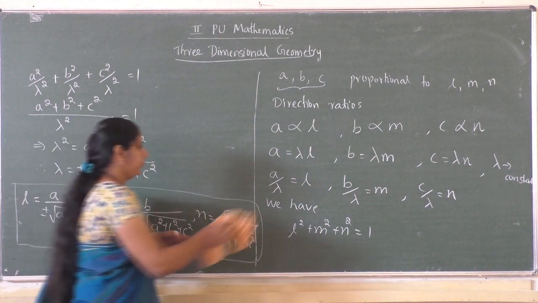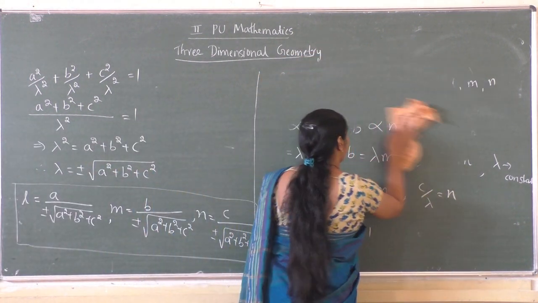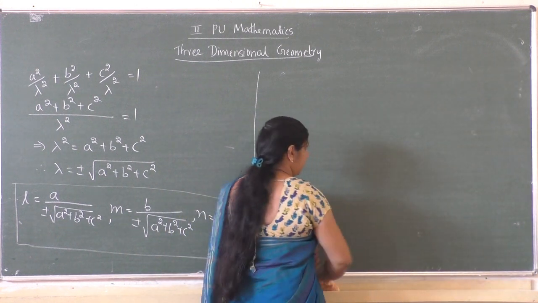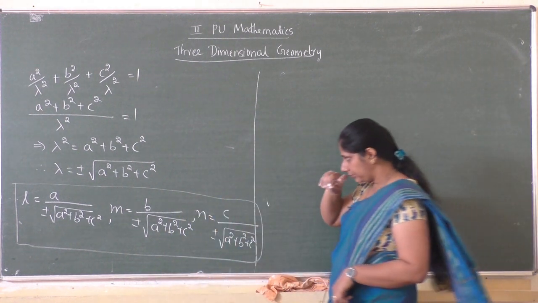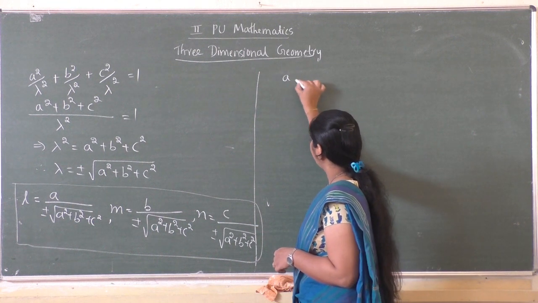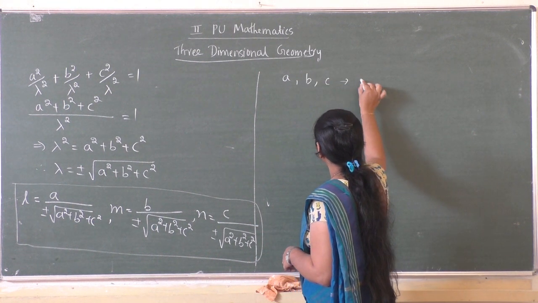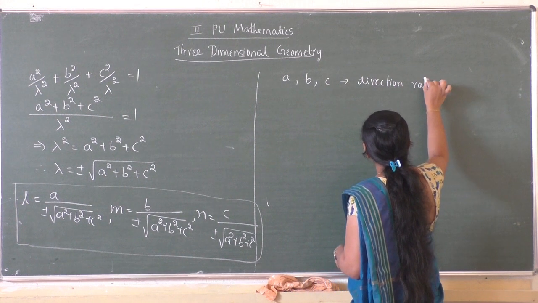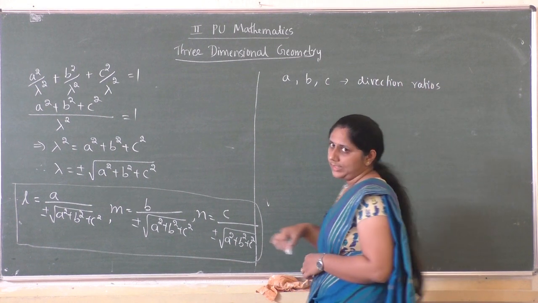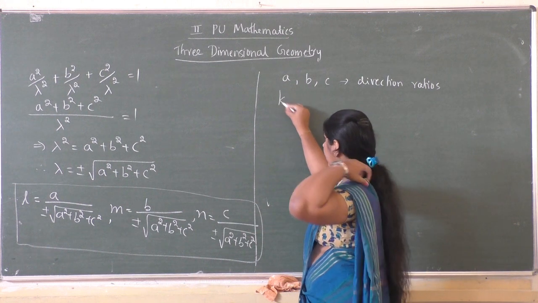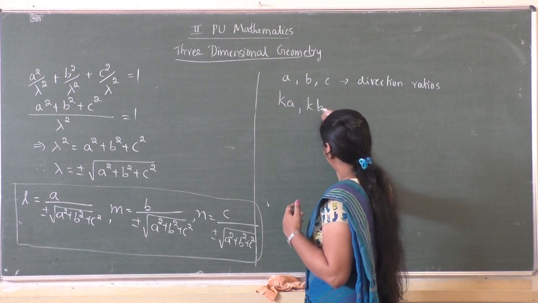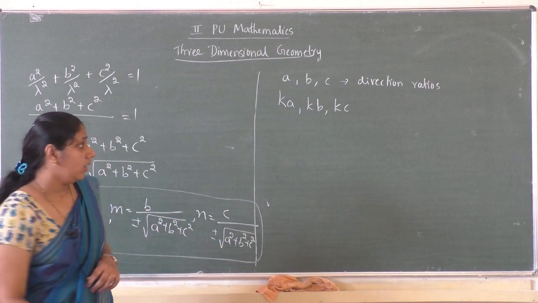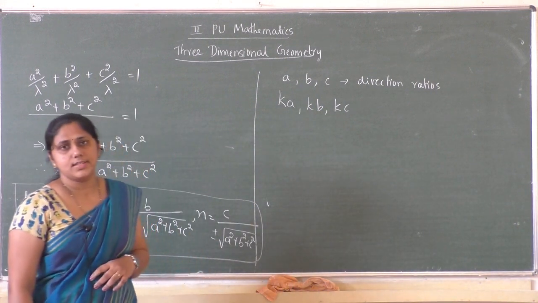And also, if A, B, C are the direction ratios of a given line, then KA, KB and KC, where K is some constant, are also the direction ratios of the same line.